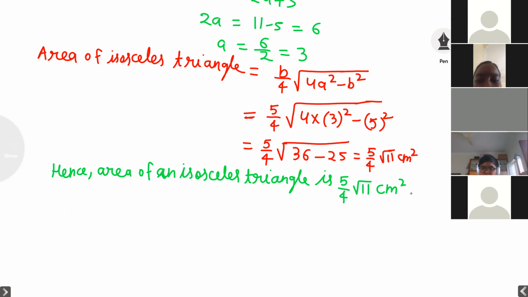I substituted the value, I got it 5 by 4 square root of 11 centimeter square.